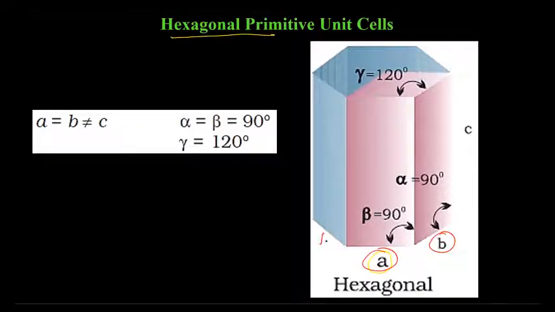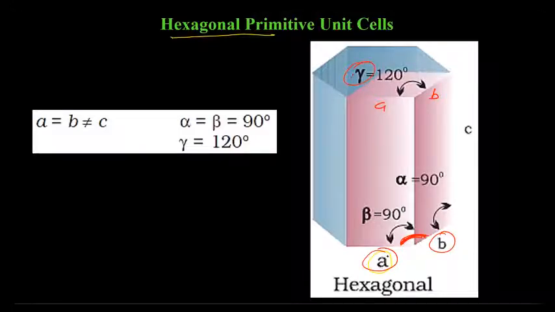Then again here it will be B, and after that A, and so on. So A, B, A, B, A, B, like that. And we will consider the angle between A and B, like gamma. So this is A, this is B. Angle between A and B will be gamma.